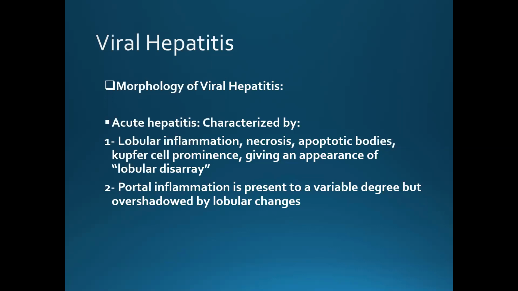The cells will start to divide to make up for the space lost by the hepatocytes. That's the main presentation. You may see some portal inflammation, but the changes in the lobule will overshadow it.